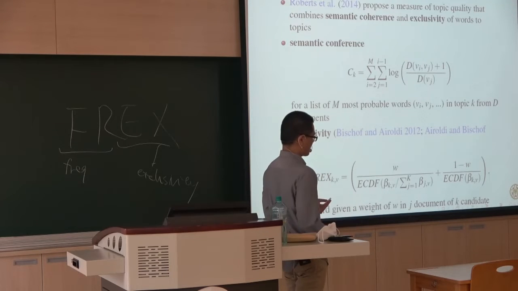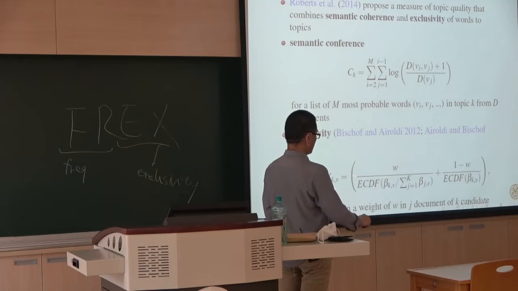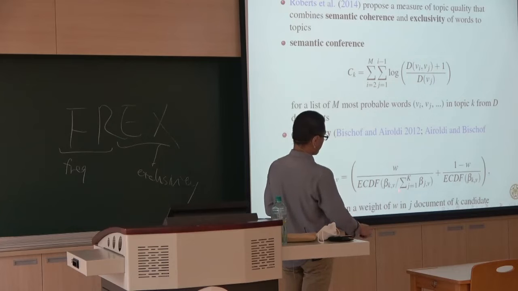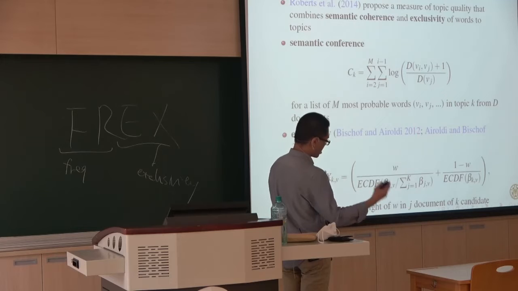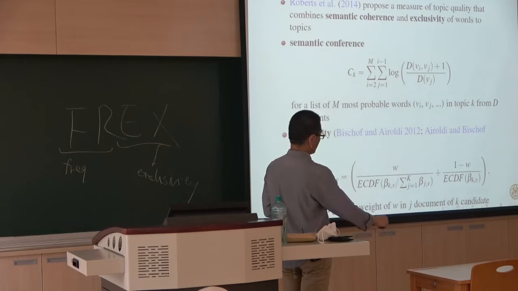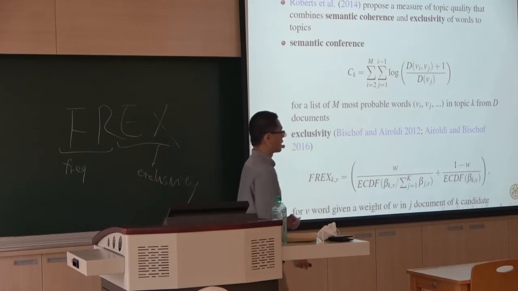So let's say the K topic is just the weight over the empirical distribution of the probability that we should find, if we randomly take the word out of the word W, that is a K topic, plus 1 minus W, the weight given to the word in document J of K topic, over this empirical distribution. So that's how it's defined.